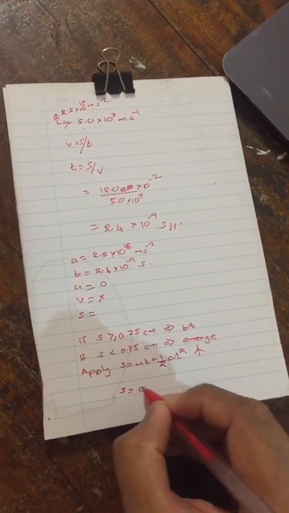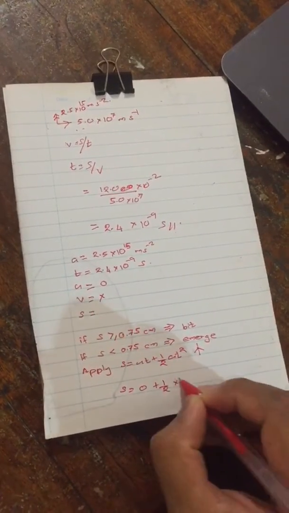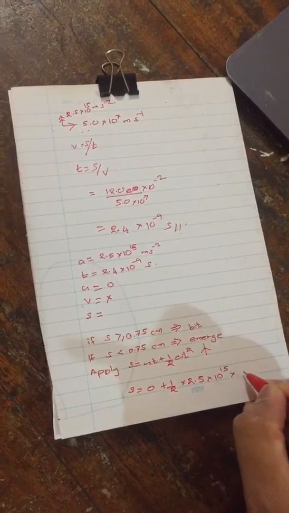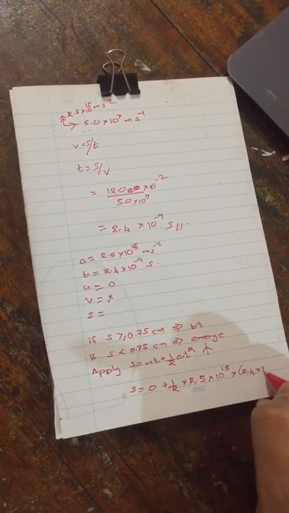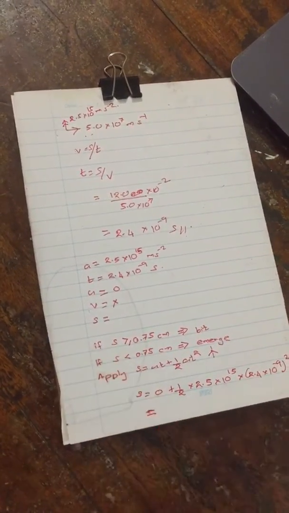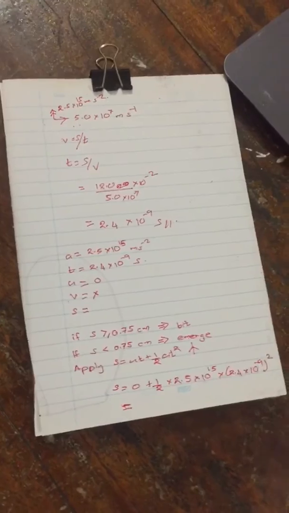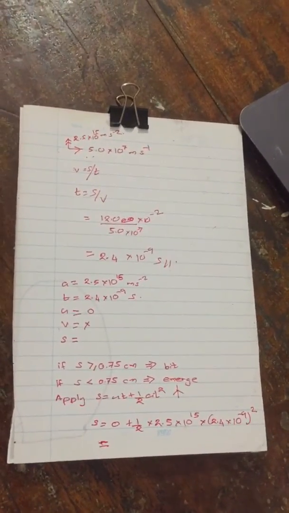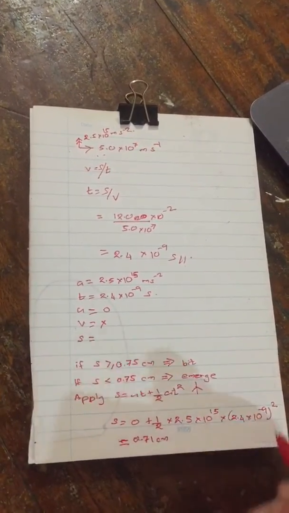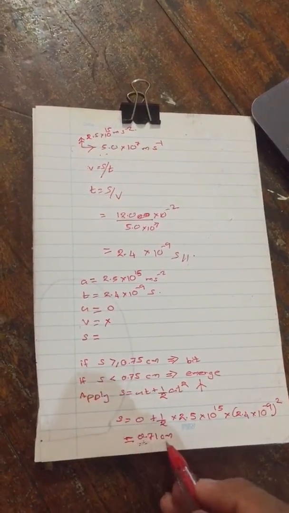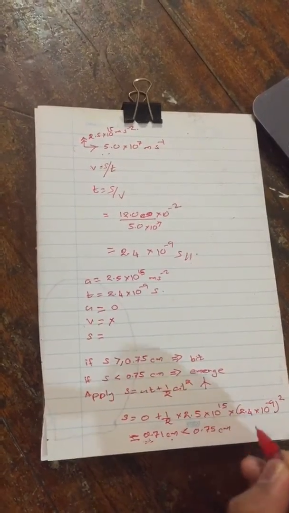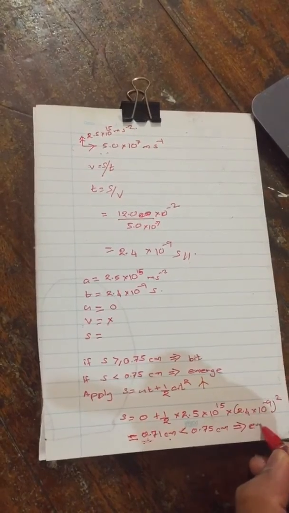S is equal to u0 plus half times 2.4 times 10 to the power 15 times 2.4 times 10 to the power minus 9 squared, and this gives you an S value equal to 0.71 centimeters. So the vertical distance traveled is 0.71, which is less than 0.75 centimeters, which means the electron will emerge.